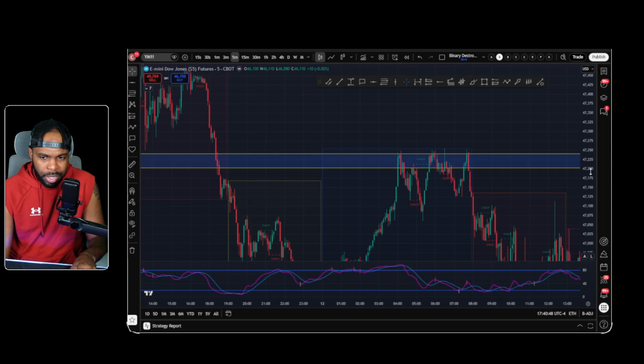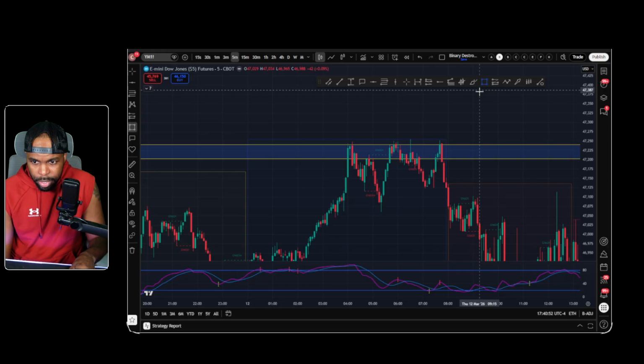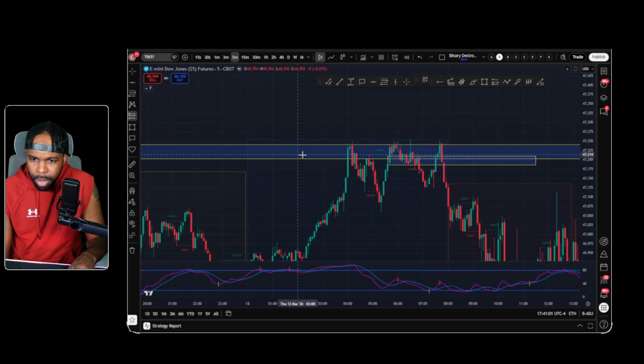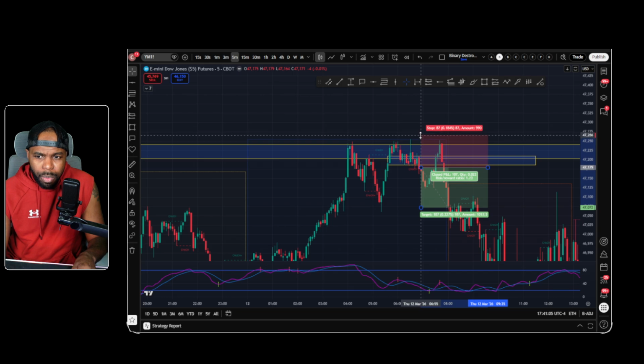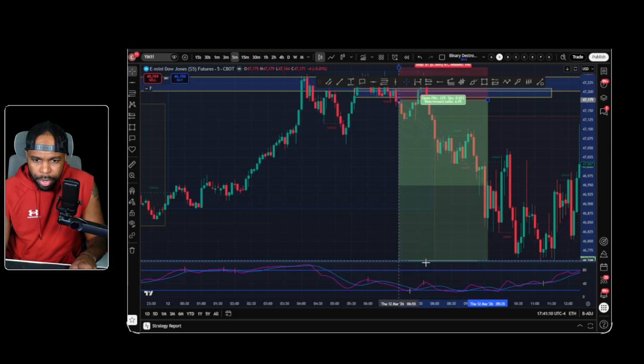I would have took this trade to the downside. What I would have did was, once price comes up here, I would have looked for a bullish fair value gap, and then once price closes above that bullish fair value gap, it turns into an inversion fair value gap. I would have put my stop right above there, and literally I would have caught this whole move right here to the downside.